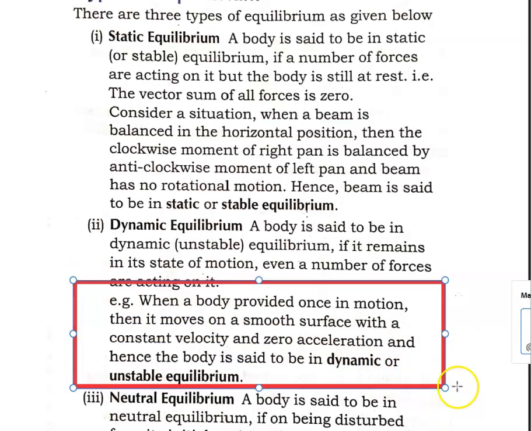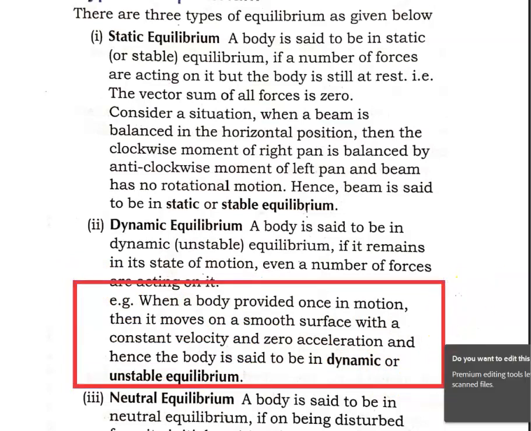For example, when a body is given a push once to set it in motion, it moves on a smooth surface with a constant velocity and zero acceleration, and hence the body is said to be in dynamic equilibrium. The best example of dynamic equilibrium is a train that is moving on tracks with uniform velocity.